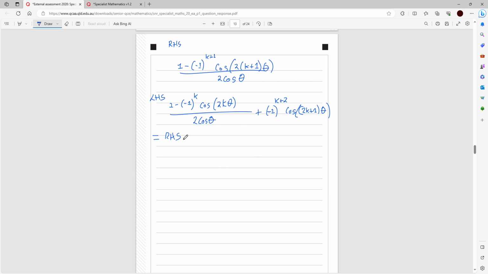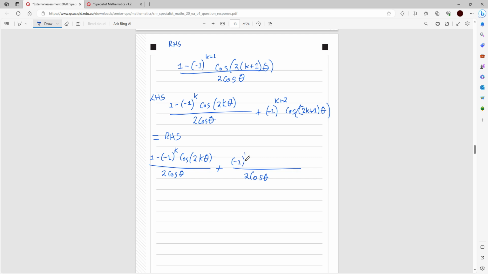So what you're going to do is write this bit here. So go 1 minus negative 1 to the k cos of 2k theta all over 2 cos theta. Now you can add this bit with that if they have the same denominator. So what we're going to do is literally put it over a fraction. So 2 cos theta, and write this whole bit here.